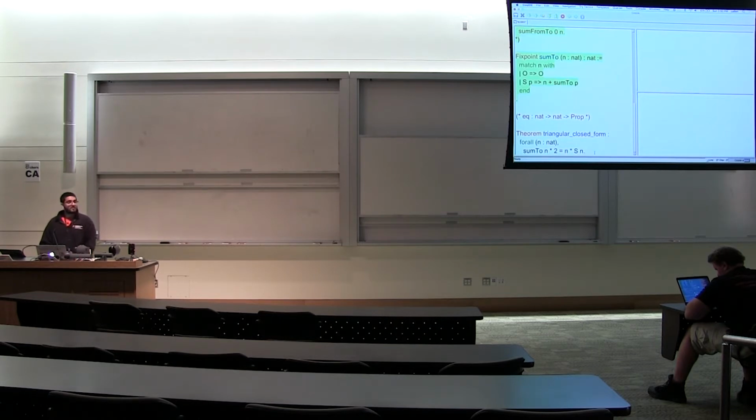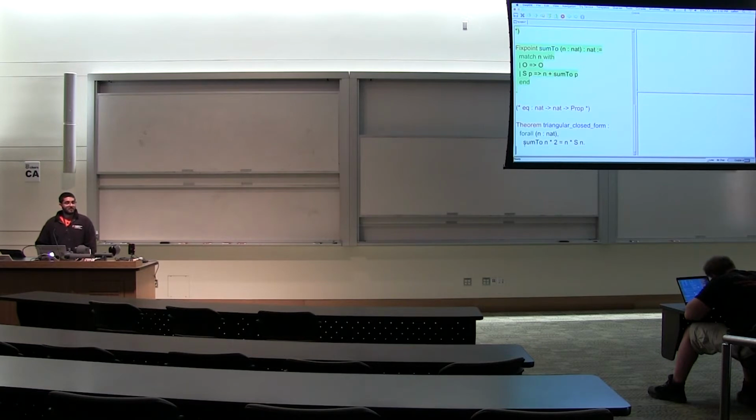Is the proposition something we're asserting or something we're asking it to prove, to check for us? Like if we wrote this wrong, it would say no, right? If you wrote the proposition wrong, it would still be a type, but you wouldn't be able to produce a term of that type.